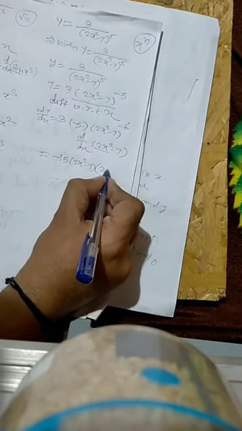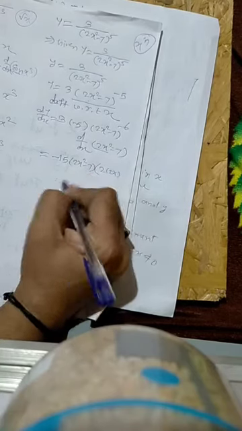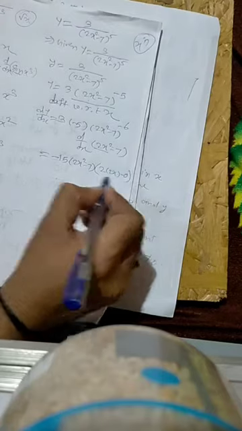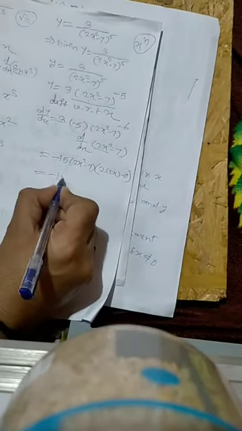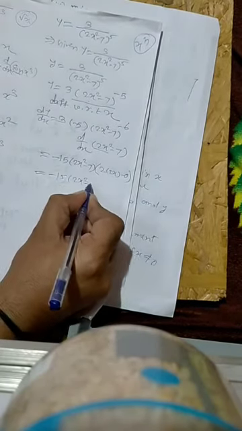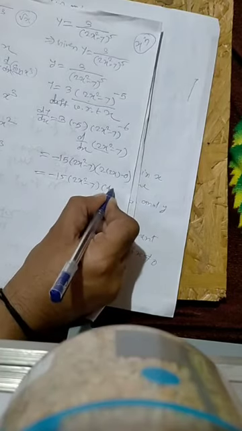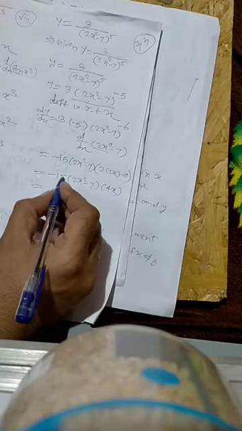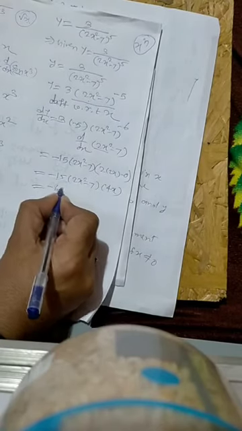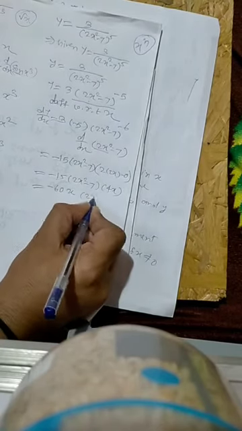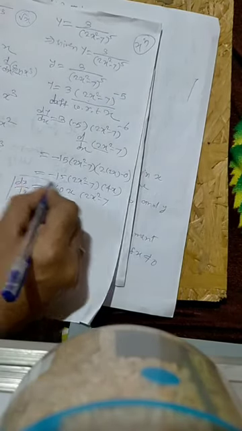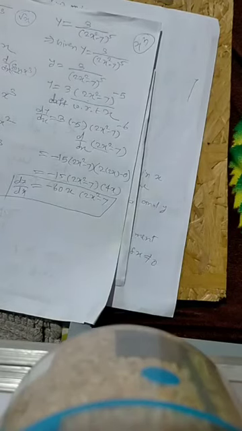The derivative of x square is 2x, write down the power and subtract 1 from the power, minus the derivative of the constant term 7, which is 0. So this is equal to minus 15 (2x square minus 7) to the power minus 6 into 4x. So this is minus 60 into x into (2x square minus 7) to the power minus 6, which is the required derivative of the given y.